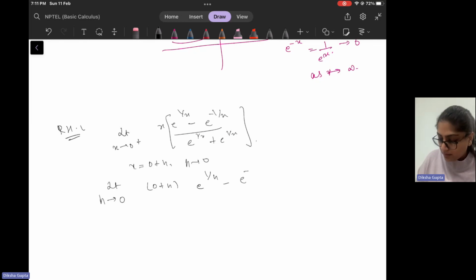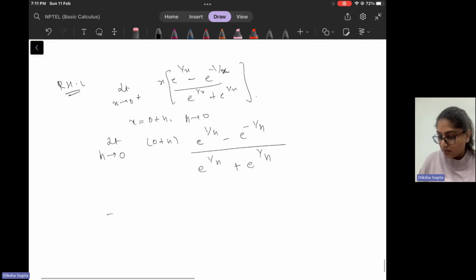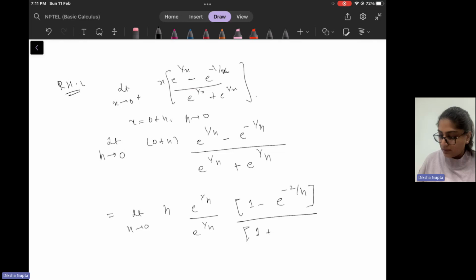So this is the limit as h tends to 0 of h. I'll just take e raised to power 1 by h common. This is (1 minus e raised to power minus 2 by h) upon (1 plus e raised to power minus 2 by h). Sorry, this is minus, right?